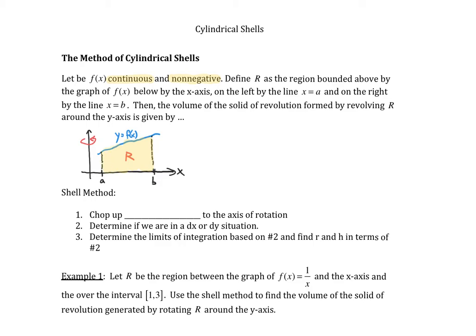So as we discussed in the last video, what we're going to do is chop up parallel to the axis of rotation like that. So you can see that your little bit of thickness lies on the x-axis. So when we go to write down our formula, the volume is equal to the integral from a to b of 2 pi times x times f of x dx.